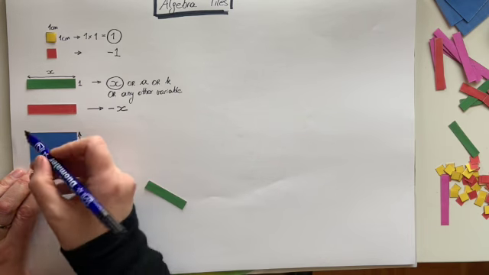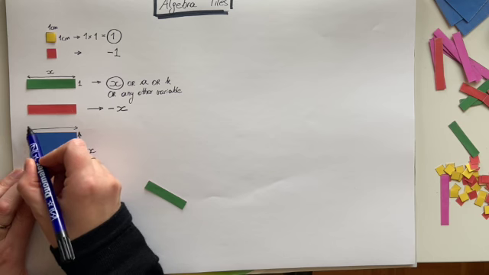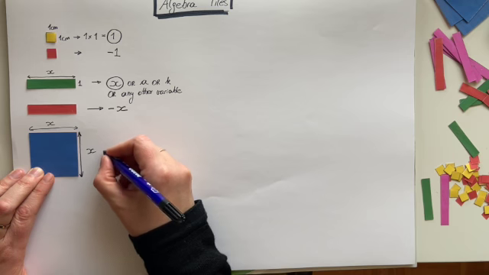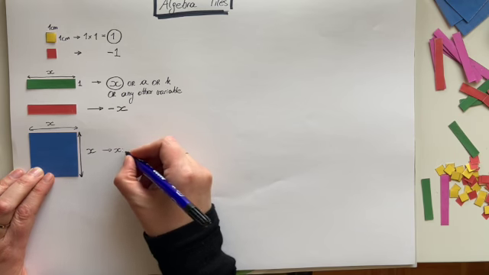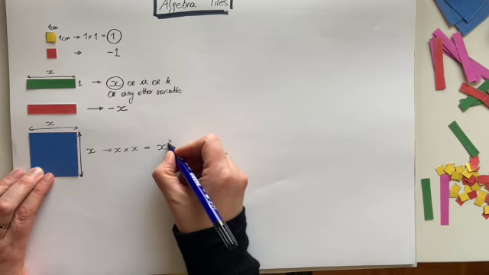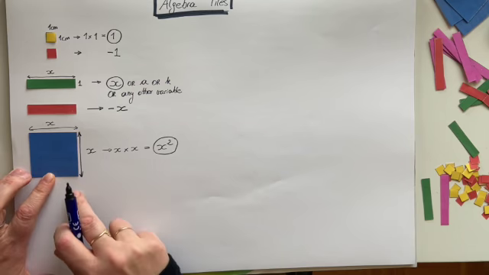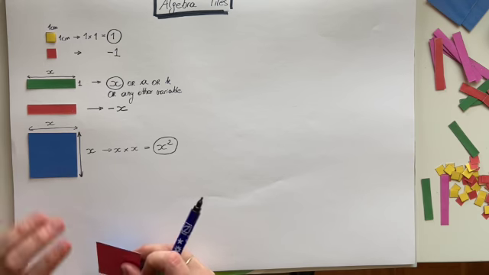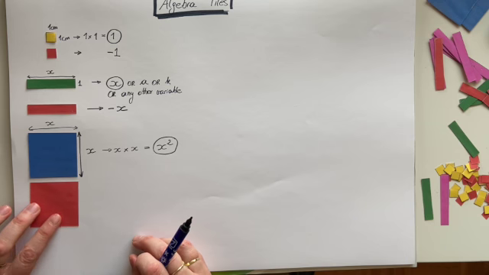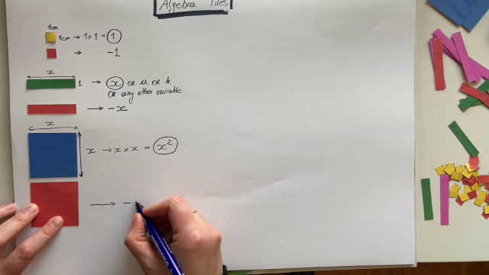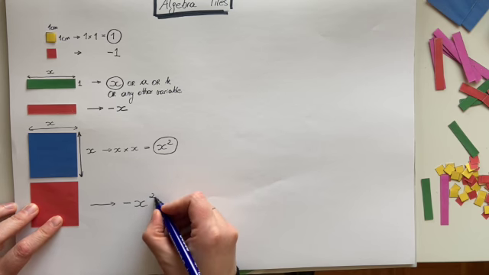It's also x. And we know x times x gives us x squared. So our blue tiles here are going to represent our x squared, if there are any in our equation or in our expression. And you might guess the red one is going to represent -x squared.